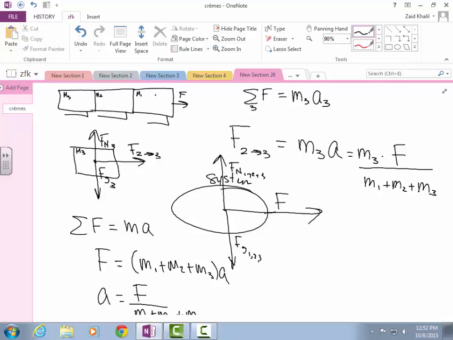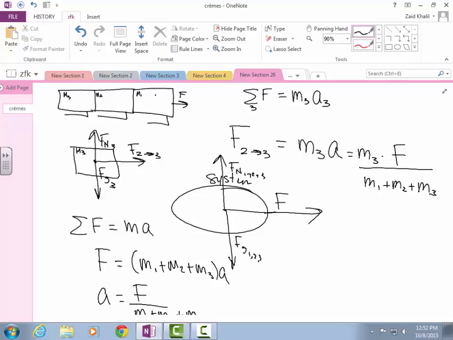What are the forces acting on body 2? Okay, so it's F of 1 on 2, right? Plus or minus? Minus F of 3 on 2. And that's equal to M2F over M1 plus M2 plus M3.